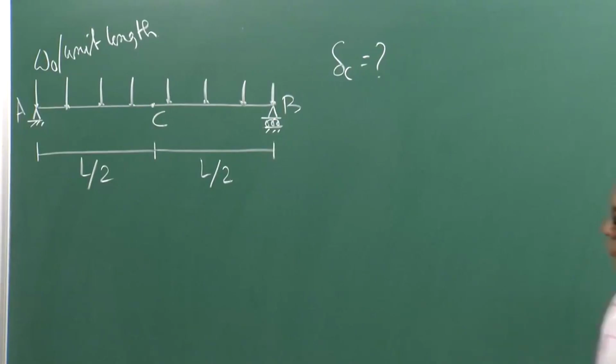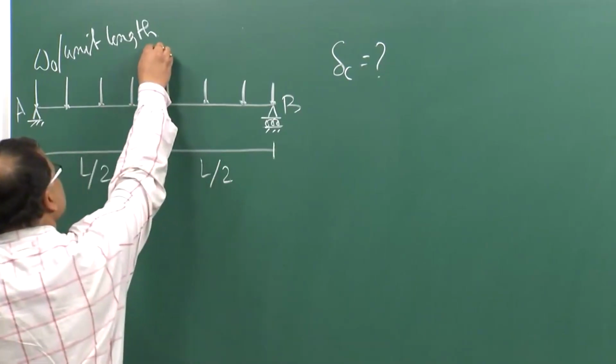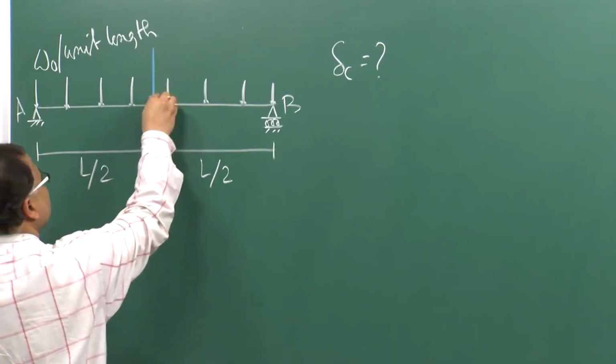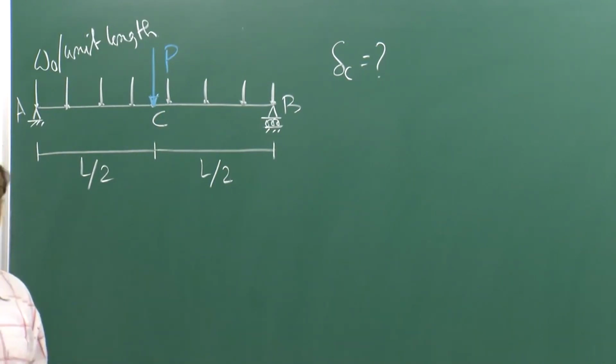Therefore, so that we can use Castigliano's theorem, we will consider one fictitious force, P. This force is not there, it is some imaginary force.